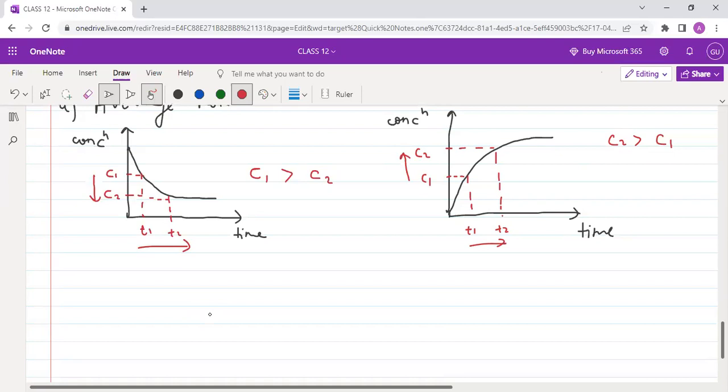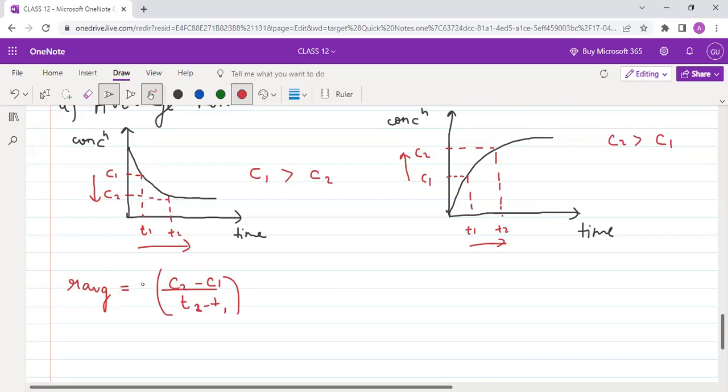Slope, you remember, delta y by delta x. Yes, ma'am. So the slope of the curve gives the average rate of reaction. So our average rate will be equal to C2 minus C1 upon T2 minus T1. And you can see that the concentration is decreasing, but the rate has to be positive always.